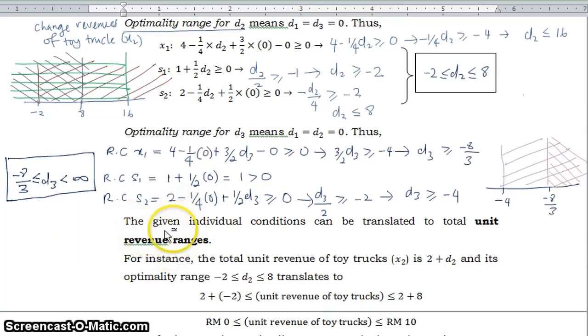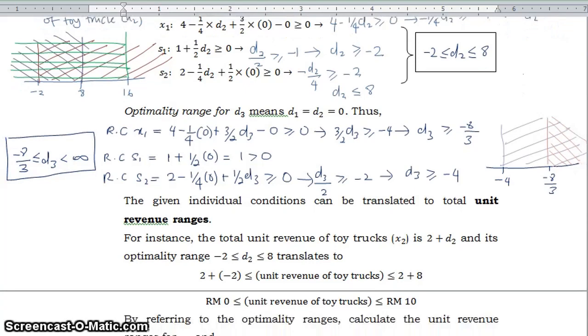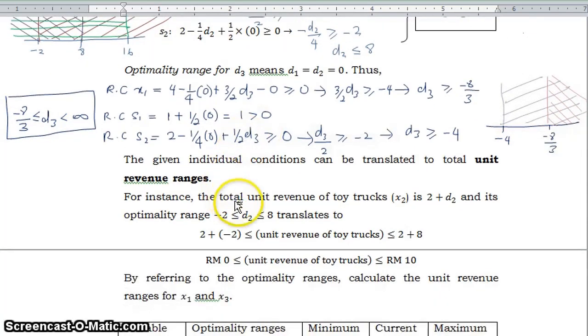So the given individual condition can be translated to total unit revenue range. For instance, the total unit revenue for toy truck, which is X2, is 2 plus D2, and its optimality range is from negative 2 until 8.